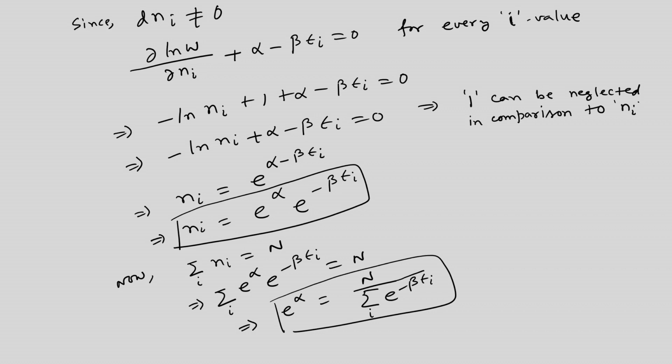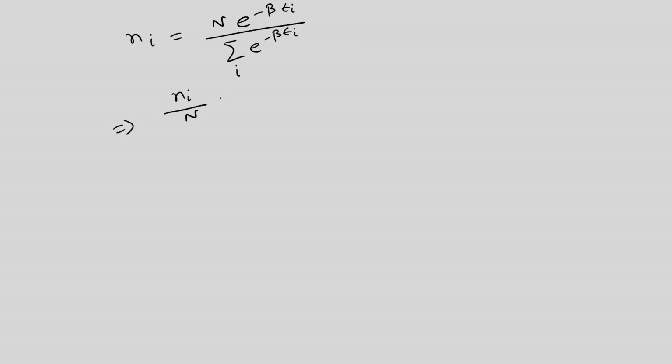Now, if we substitute e to the alpha into the expression of n_i above, we get n_i equals N e to the minus beta epsilon_i by sum over i e to the minus beta epsilon_i, or we get n_i by N, that is nothing but the probability of the ith state, is e to the minus beta epsilon_i by sum over i states e to the minus beta epsilon_i.